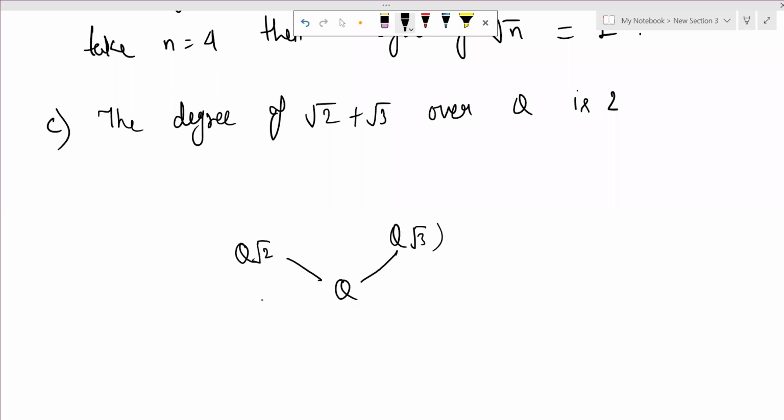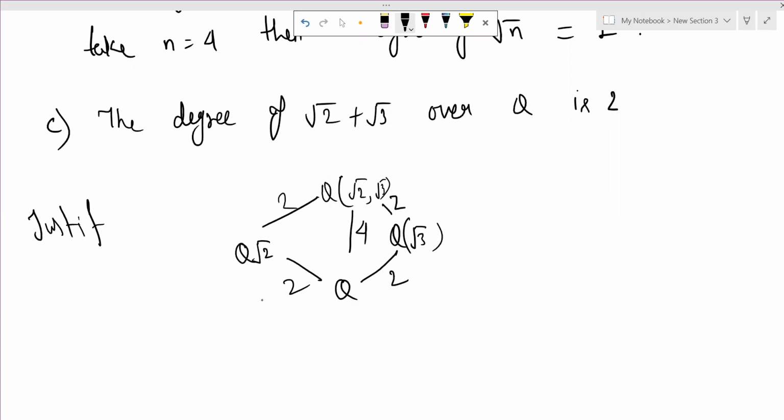This is false. Why? Root 2 plus root 3 is of degree 4. This is the diagram justification I gave you. These are all 2-degree extensions. These are independent of each other. So this is a false statement.